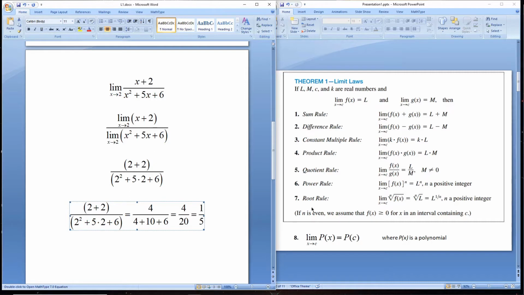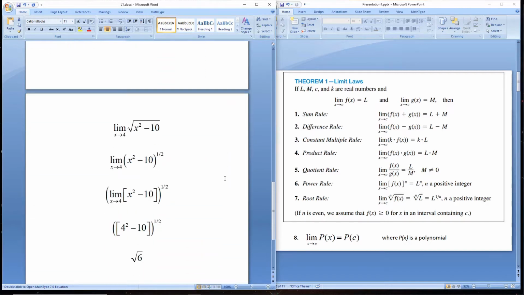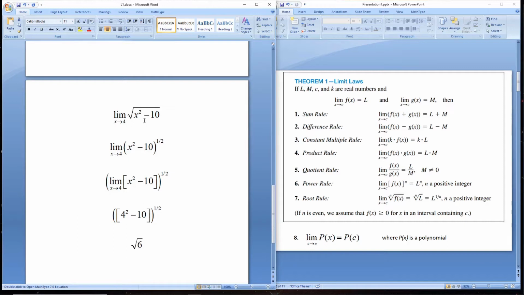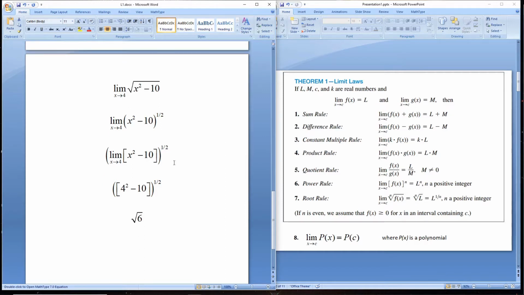So all these rules lead to a simple pattern. You just plug the number in. And again, that same thing is true with this problem. We just plug 4 in, we'll have 16 minus 10, which is square root of 6. We just plug the number in.